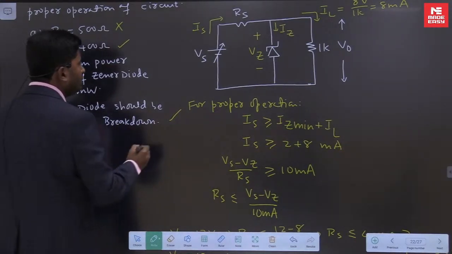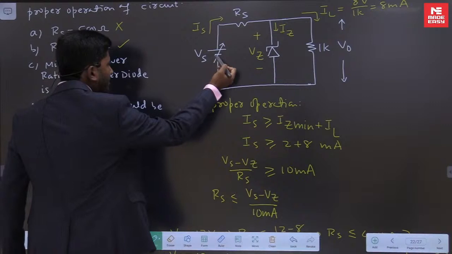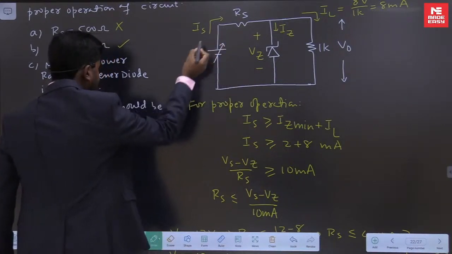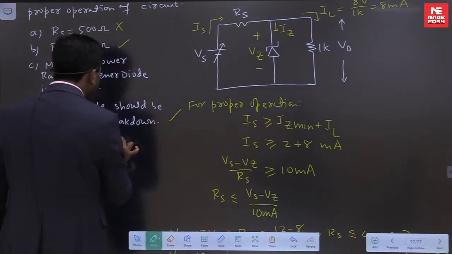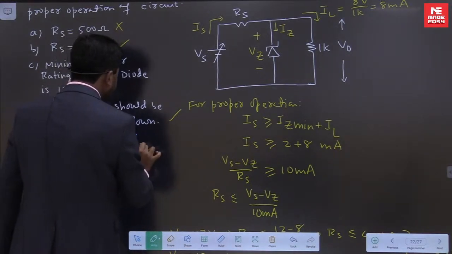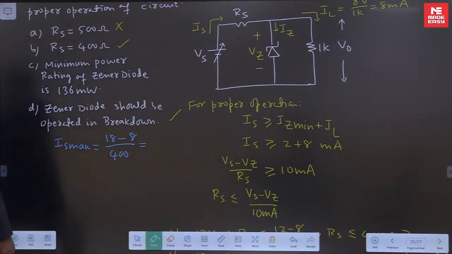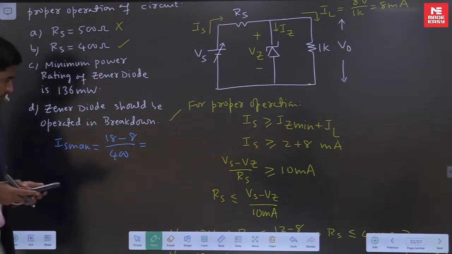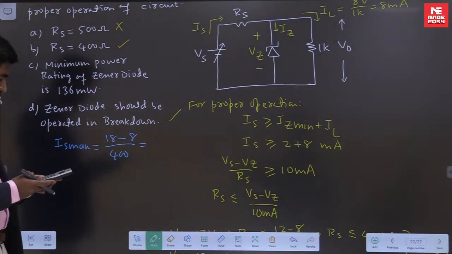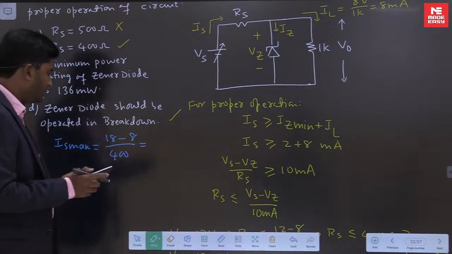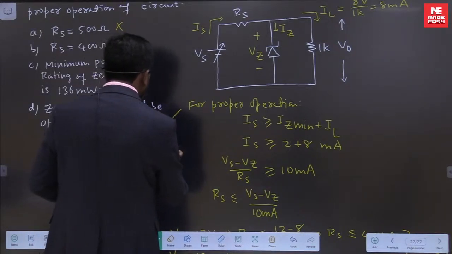IS max equal to maximum supply minus Vz divided by Rs. Maximum supply 18 volt है and Vz 8 volt divided by 400 ohms. Okay, तो आप यहां से IS max फाइंड कर लो बेटा. 10 divided by 400, it is 25 milliampere.